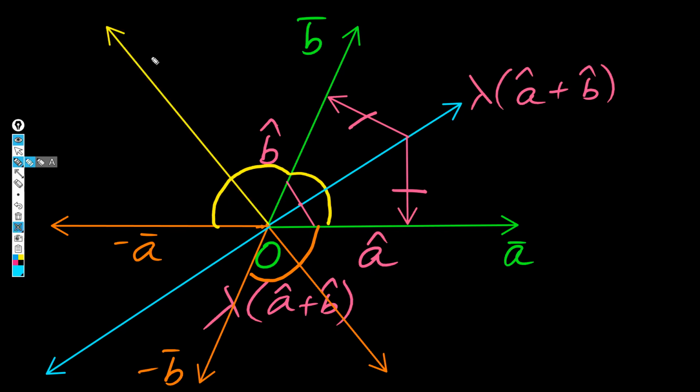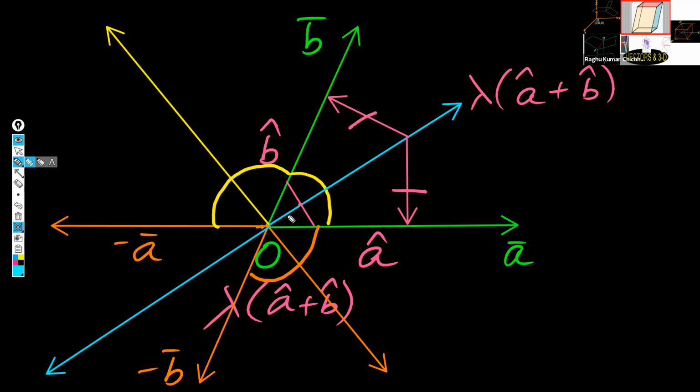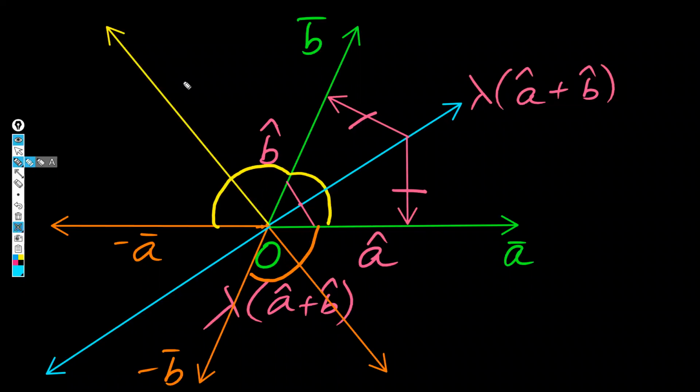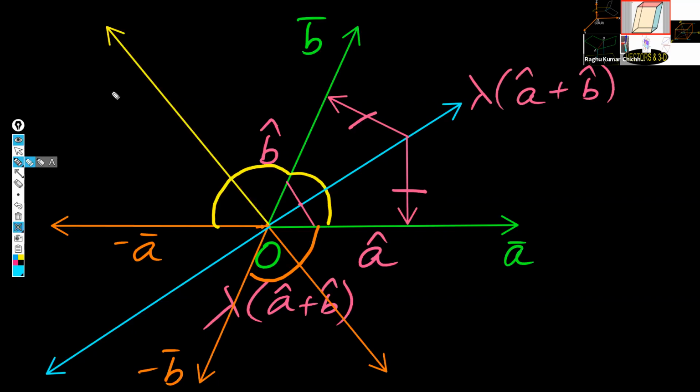I'm talking about this one. Because the internal one is written as lambda into (A cap plus B cap), then this can be written as mu into something. Yes, you change the scalar, mu into (A cap minus B cap).